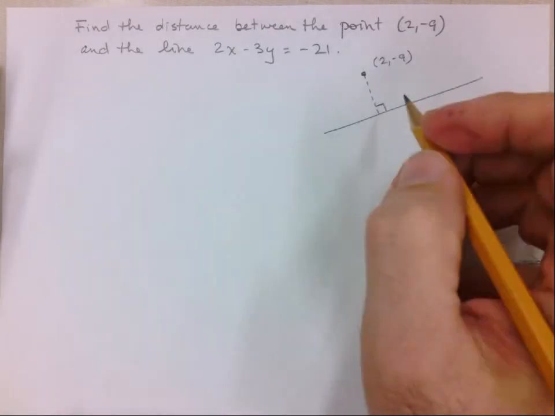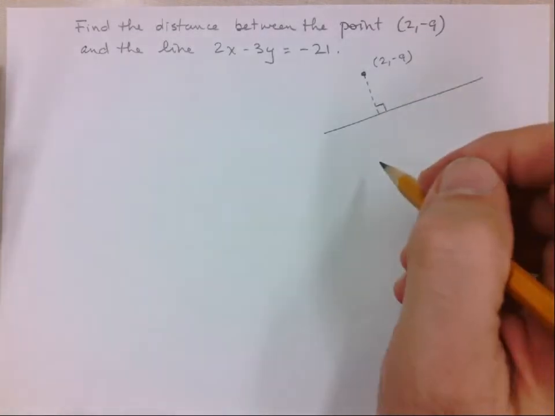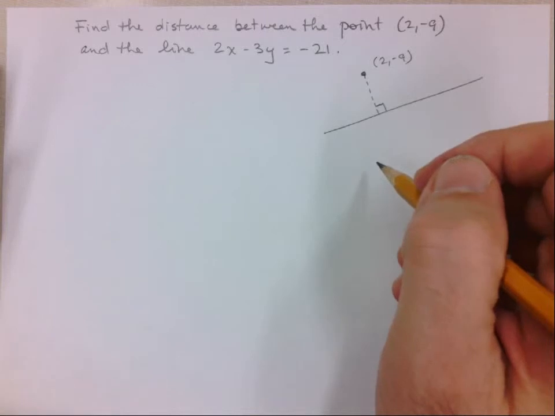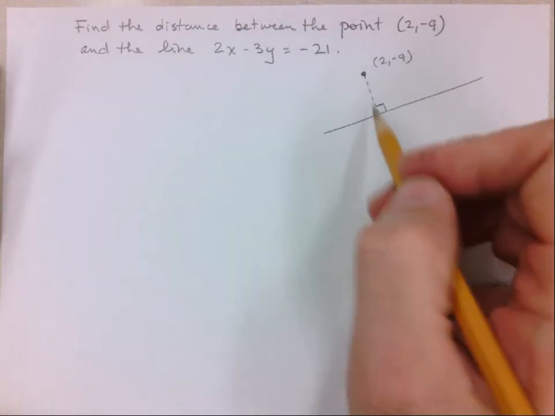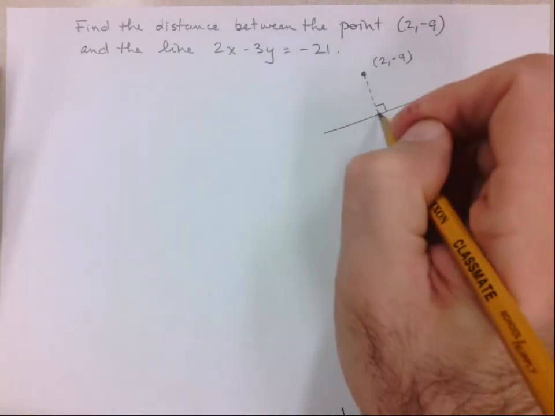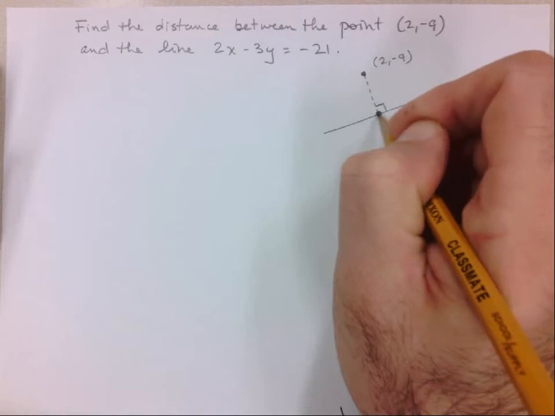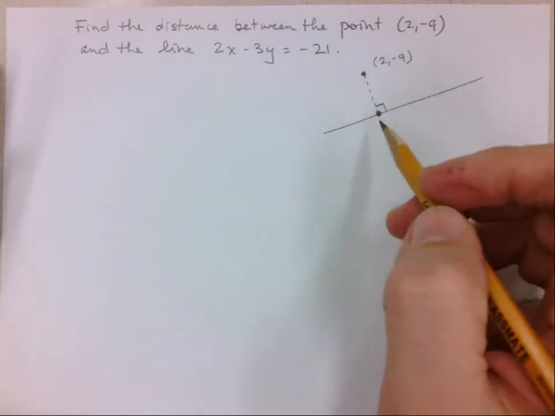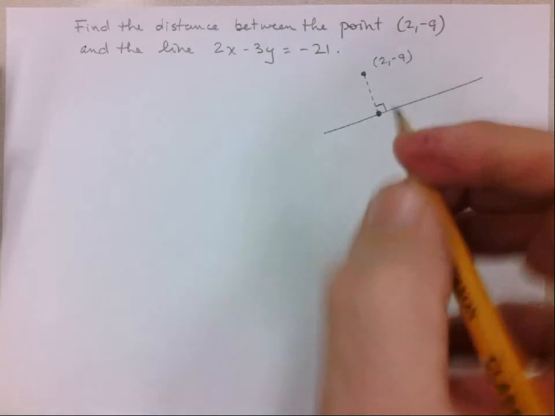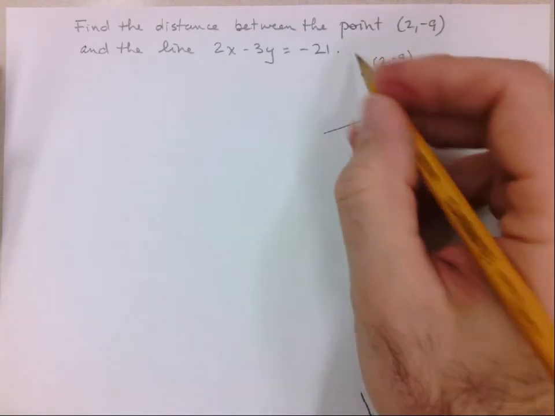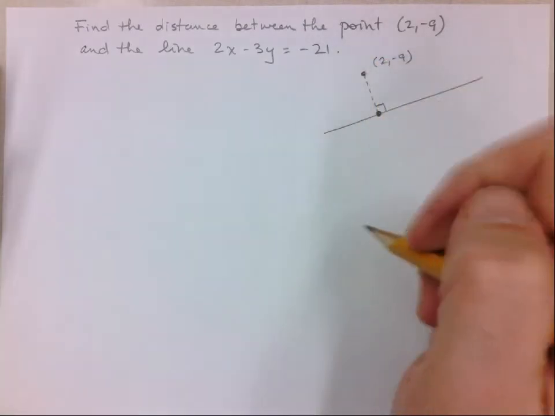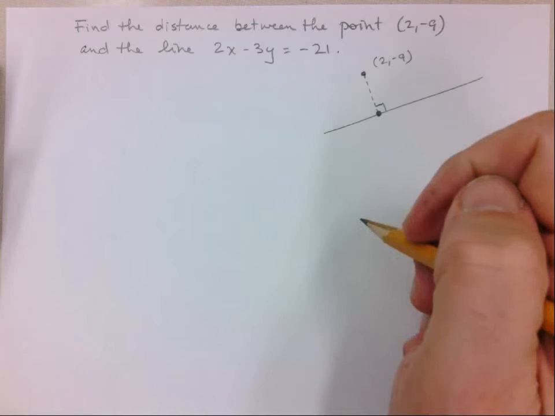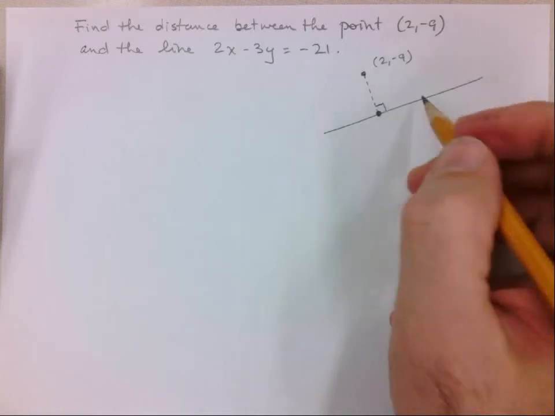Okay, so let's try to set out a strategy for solving this problem. In order to find this distance, what we would need is the point that is on both the given line and on this perpendicular segment. In other words, the point of intersection between these two lines. To find that point, I would need equations for both.